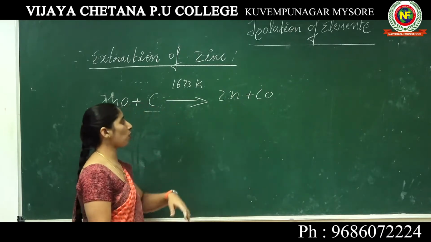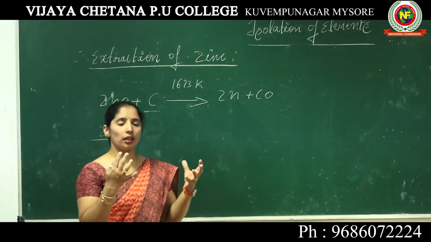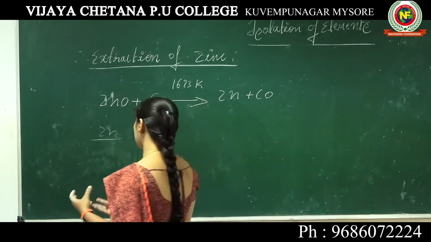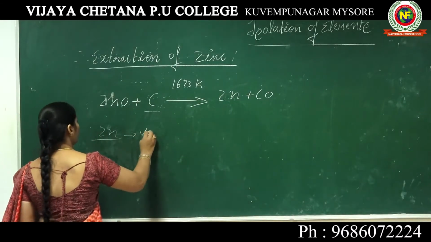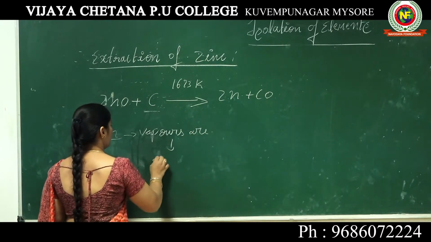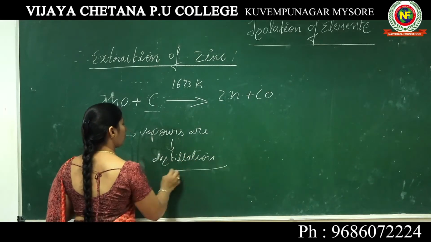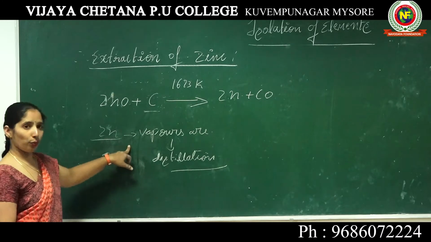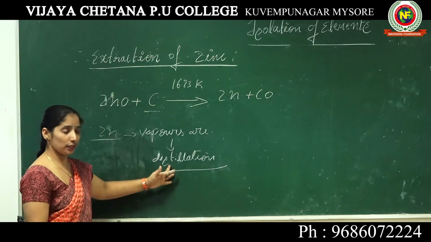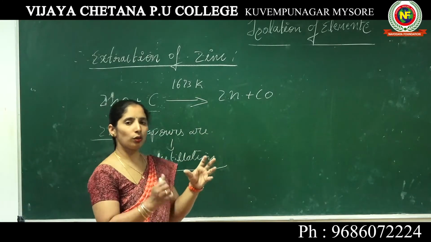The zinc vapors are evaporated through distillation. Here the zinc consists of some vapor, and it will be evaporated through distillation. Hence they are allowed to cool to become a solid.